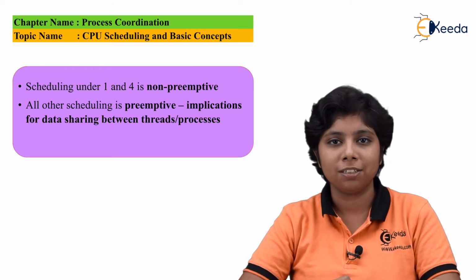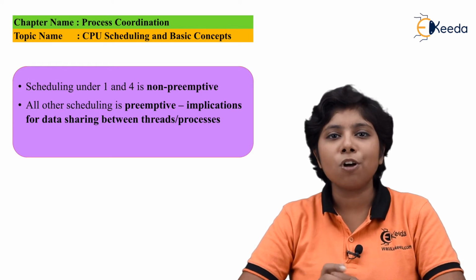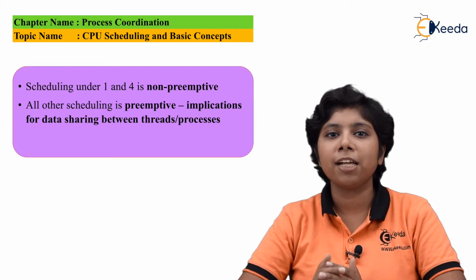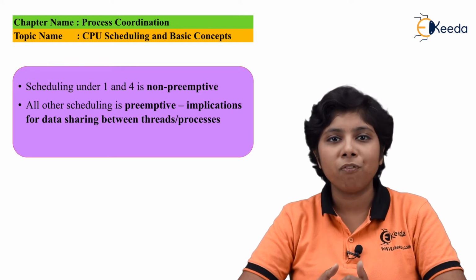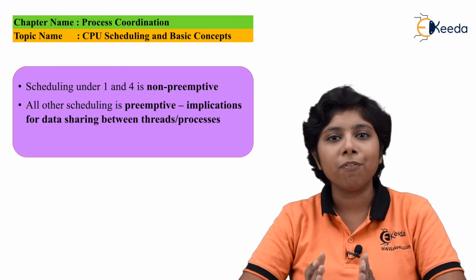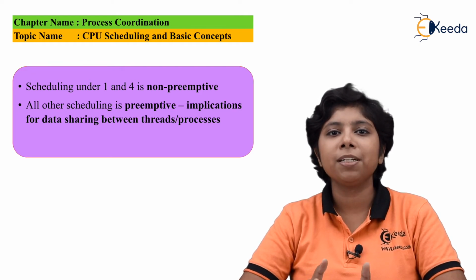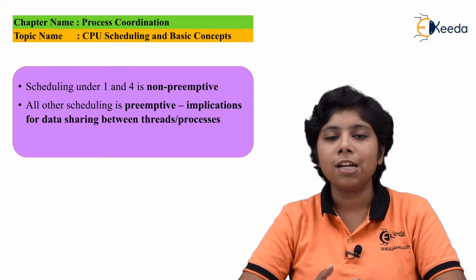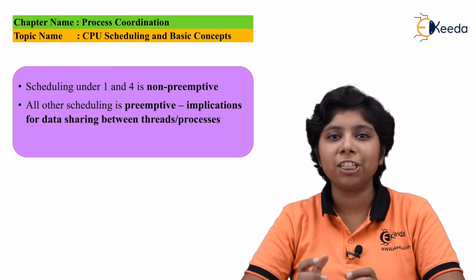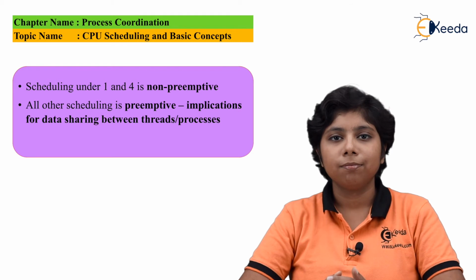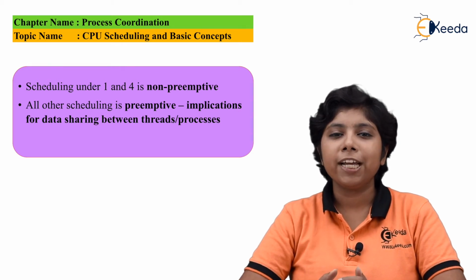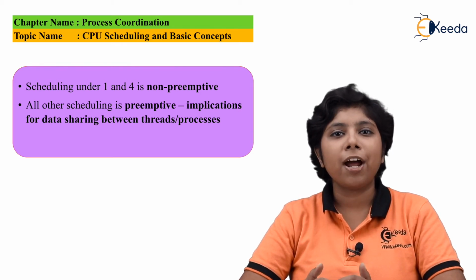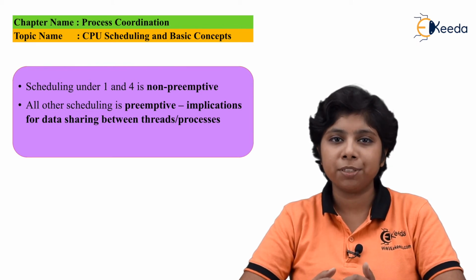This problem is solved by operating systems like Linux and Windows by waiting for the system call to complete its execution or for an IO block before context switching. This way, the kernel can keep a simple structure and avoid modifying shared inconsistent data. But this kernel execution model is very poor for real-time systems.